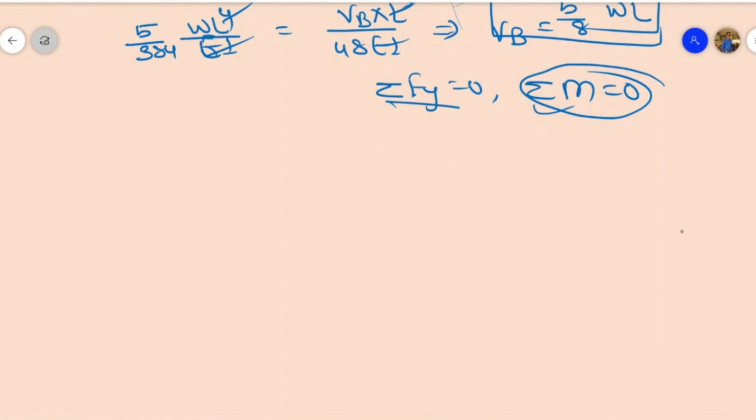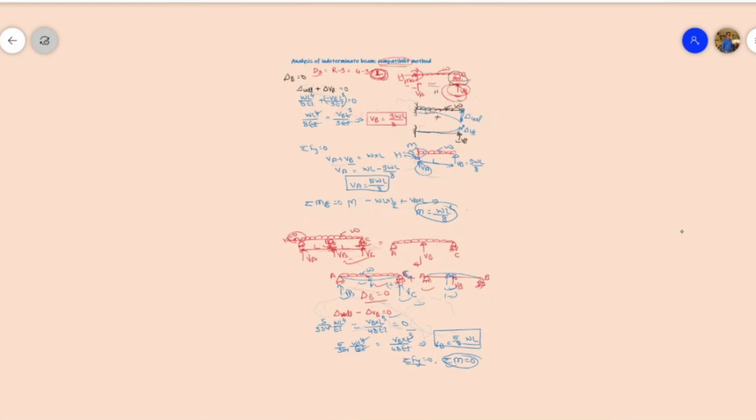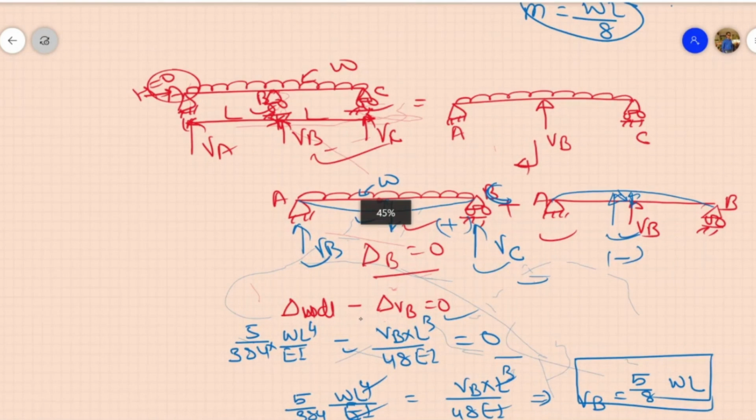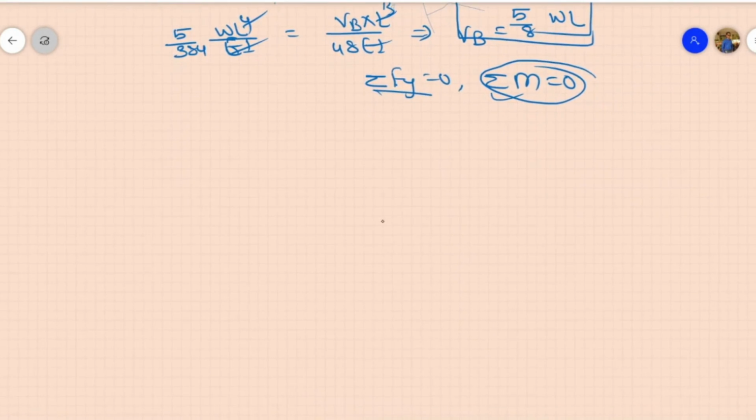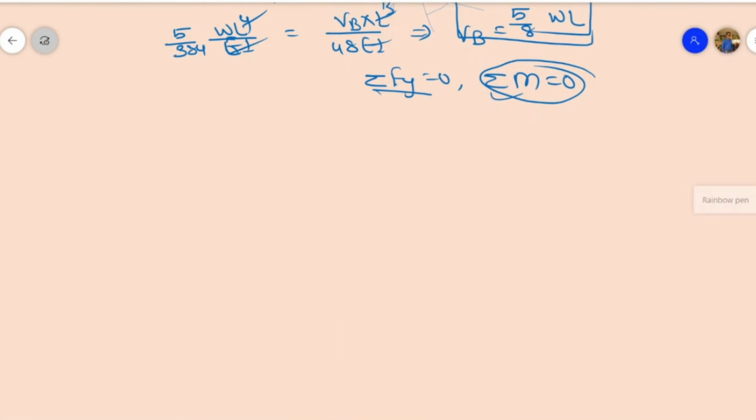So just calculate. When you take the summation of Fy, then you will get one reaction equation, something like 2 times Ra plus 5 WL by 8 equals WL, right?